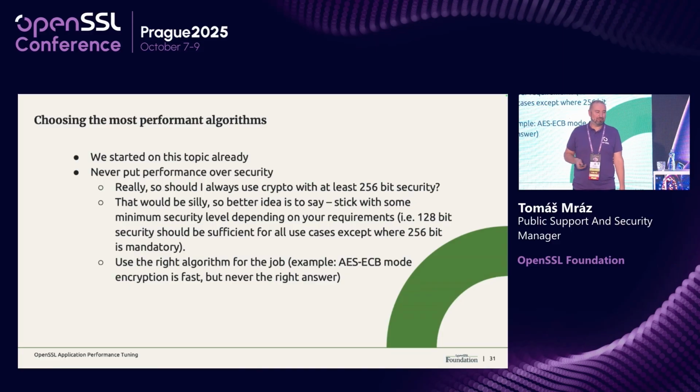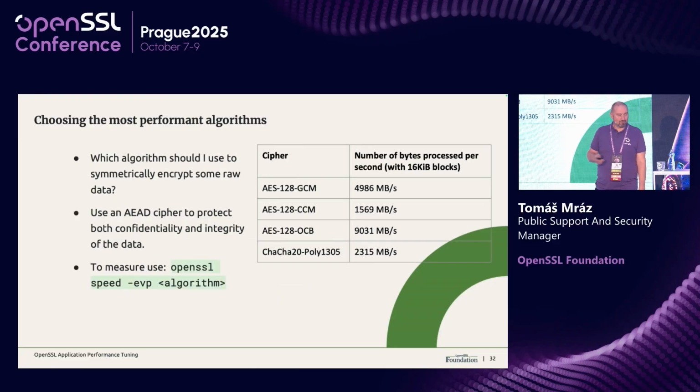Of course, always use the right algorithm for the job, because ECB is fast, but almost never the right answer. So what do you actually do to measure the algorithms?